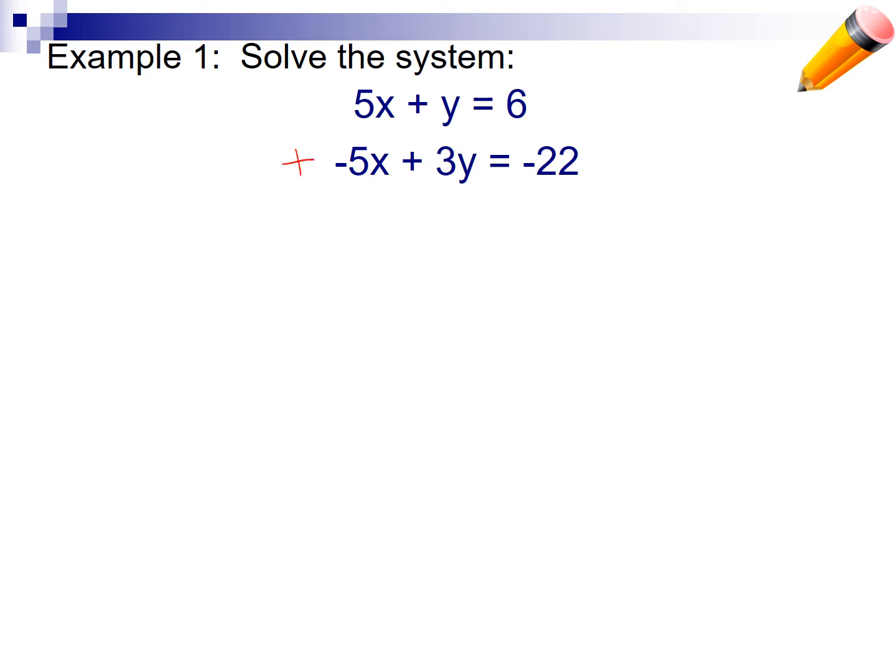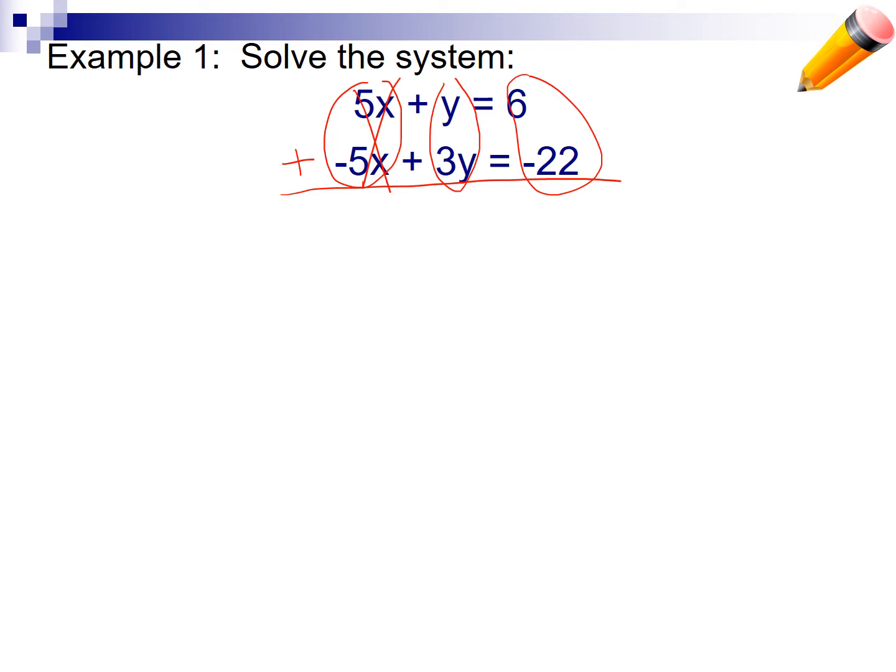If we added each column together right now, 5x plus negative 5x, y plus 3y, and 6 plus a negative 22, we have to ask ourselves, is there going to be a variable that's going to eliminate right away? Our answer for this problem is yes. 5x plus a negative 5x is going to cancel. So we eliminated the variable x.